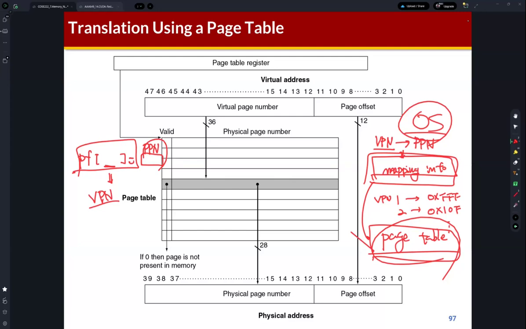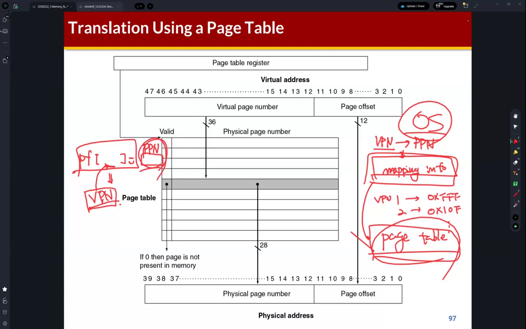And then if the virtual page number is given to this page table, we can use this virtual page number as the index of the page table, right? Then we can access the corresponding entry in the page table, and we can get the physical page number.